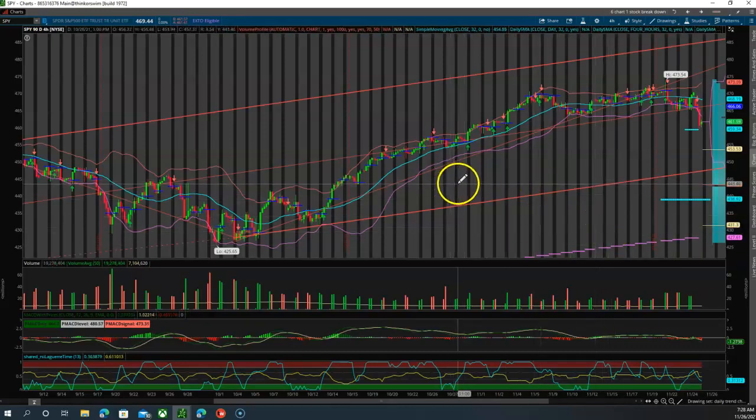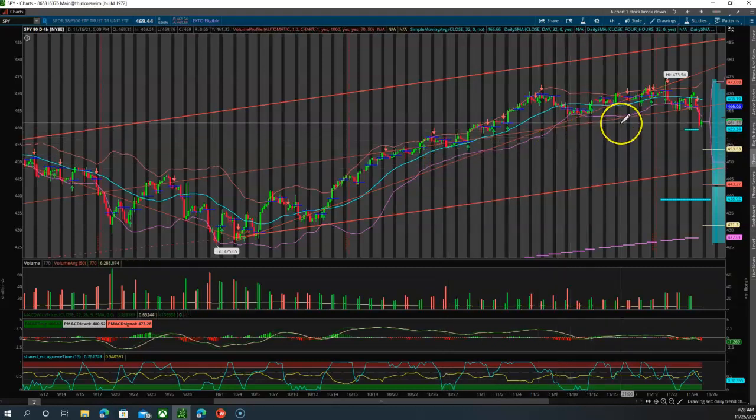All right. This represents the current trend. These two lines right here represent the channel that we're in. And this is a trend line that represents the current trend that we're on.